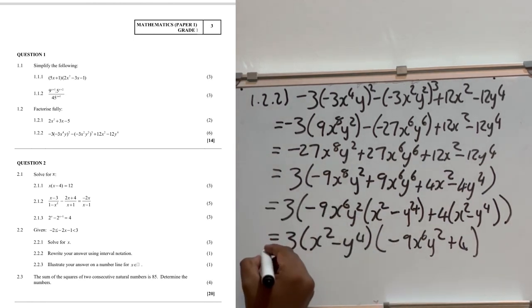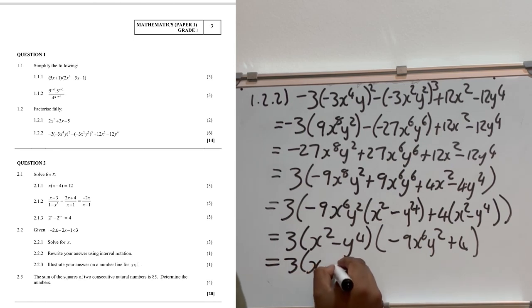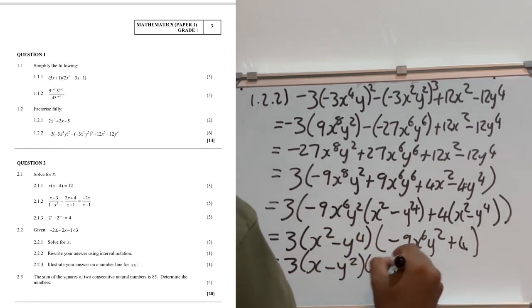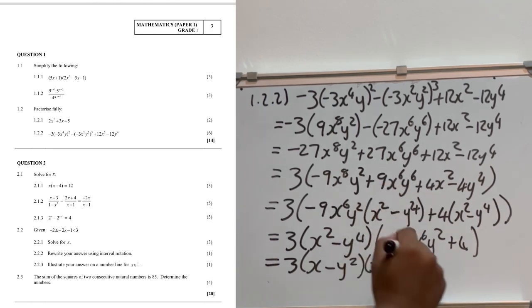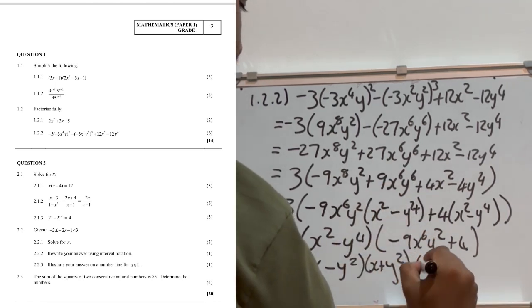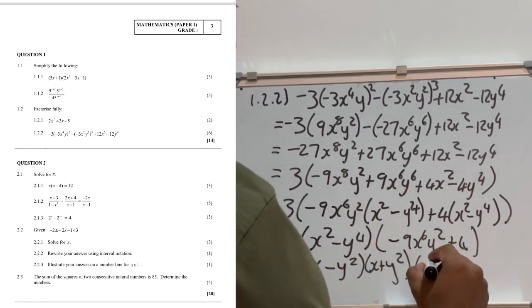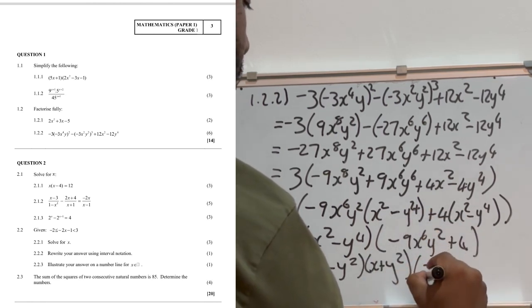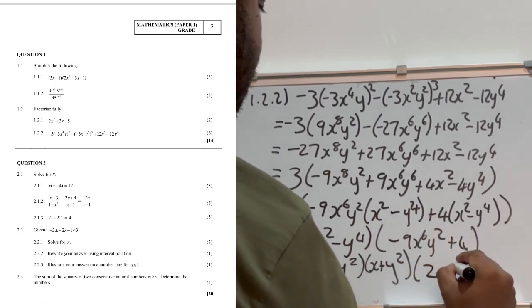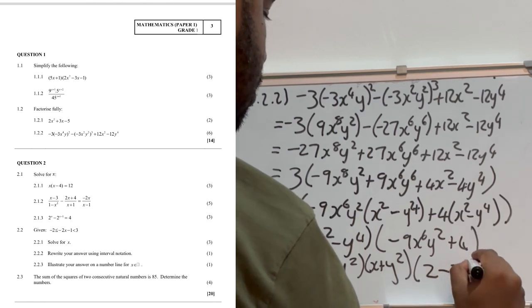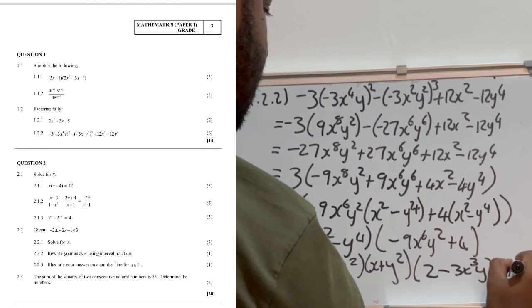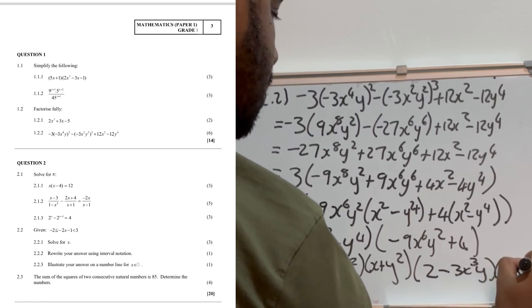So that's why your answer is not done yet, because the difference of squares here is x minus y squared, x plus y squared. And in this case, because you can flip these numbers around, if I made it 4 minus 9, that is just 2 minus 3x 3y, and 2 plus 3x 3y.